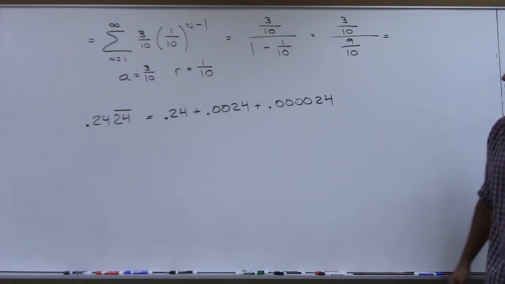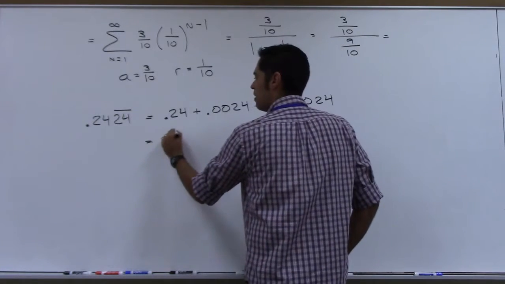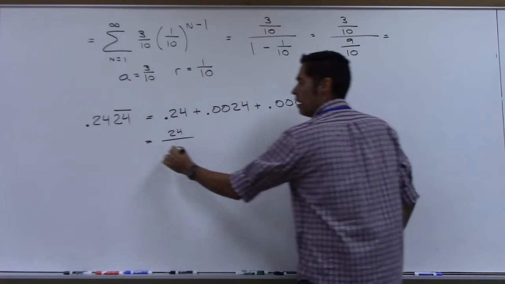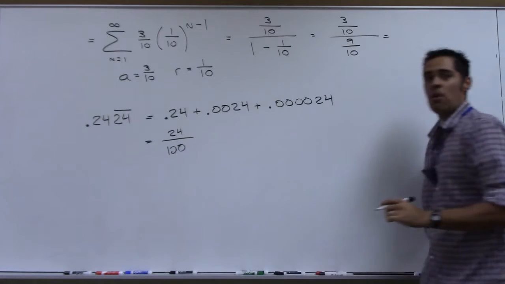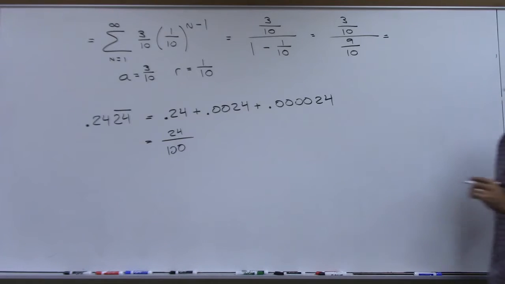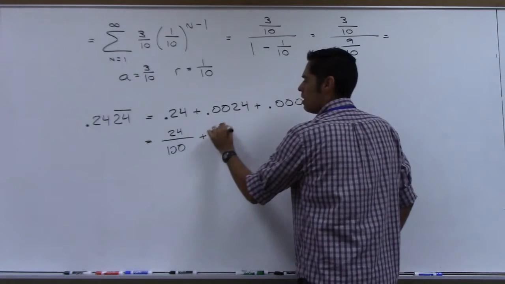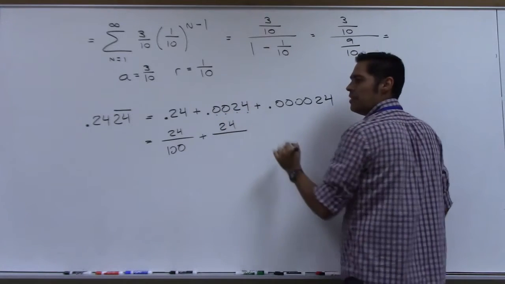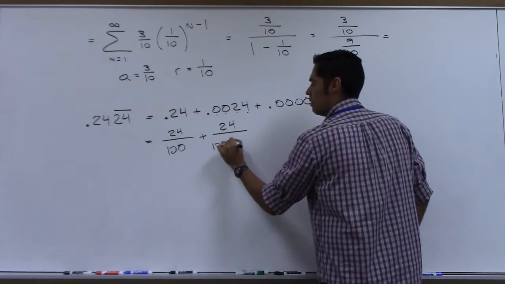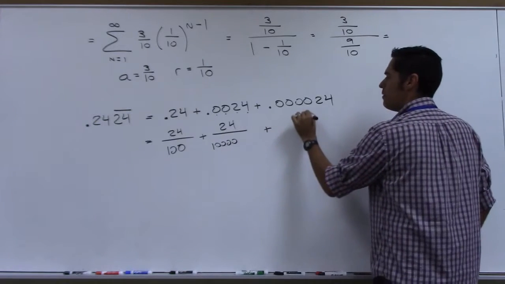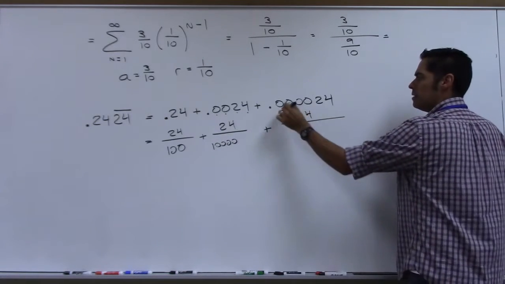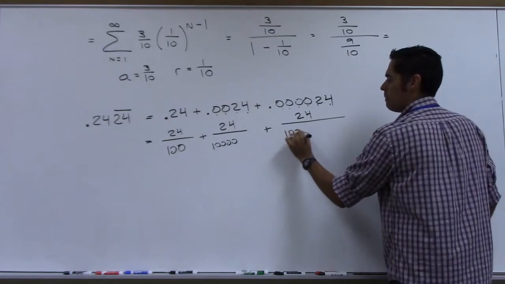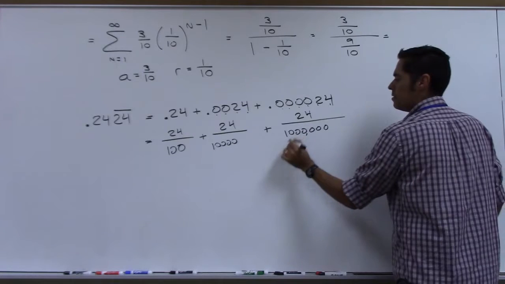Okay? This is really 24 over 100. Y'all pay attention, this problem gets really tricky, all right? 24 over tenths, hundredths, thousandths, ten thousandths, plus 24 over tenths, hundredths, thousandths, ten thousandths, hundred thousandths, millionths. 6 zeros.